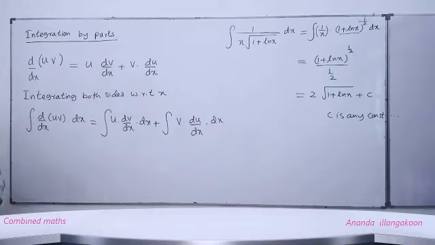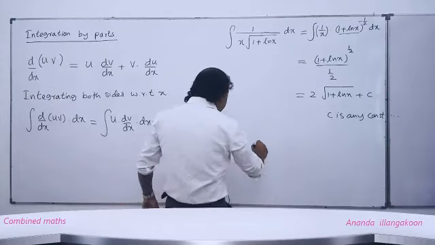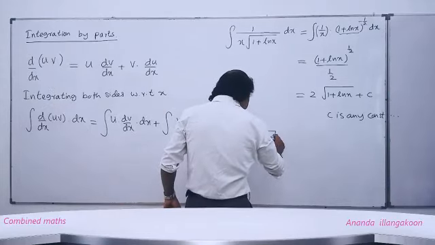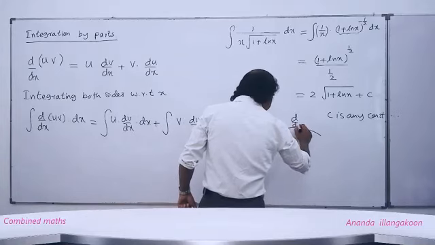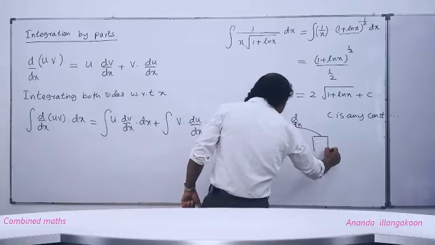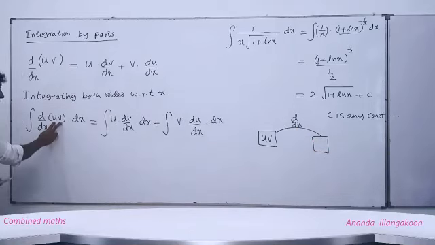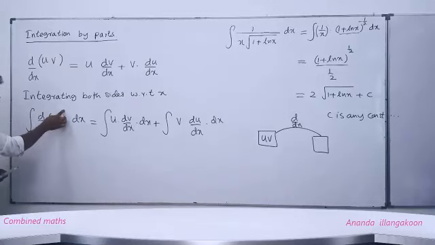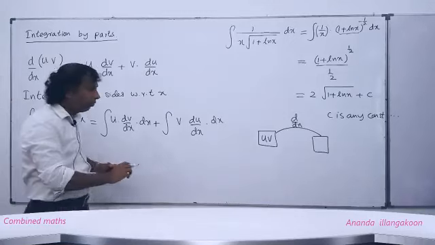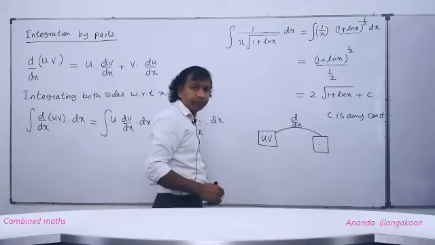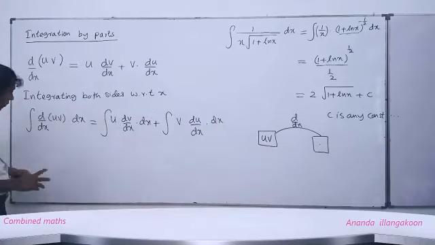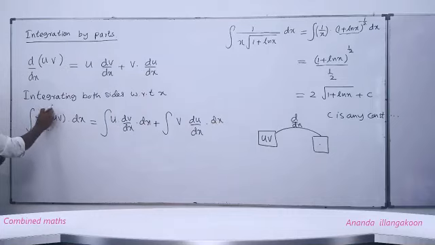Now we will think like this. Here we have the uv product. First we differentiate that and we get the derivative. That means the uv function has been differentiated, and this answer is here now. This whole thing is now integrated with respect to x.